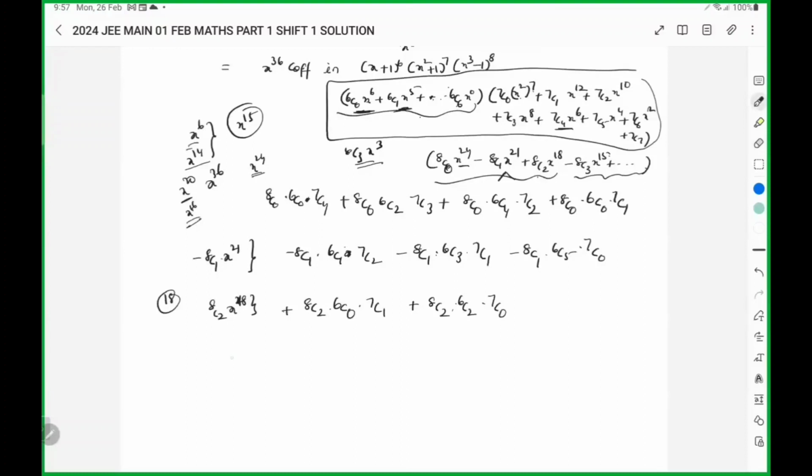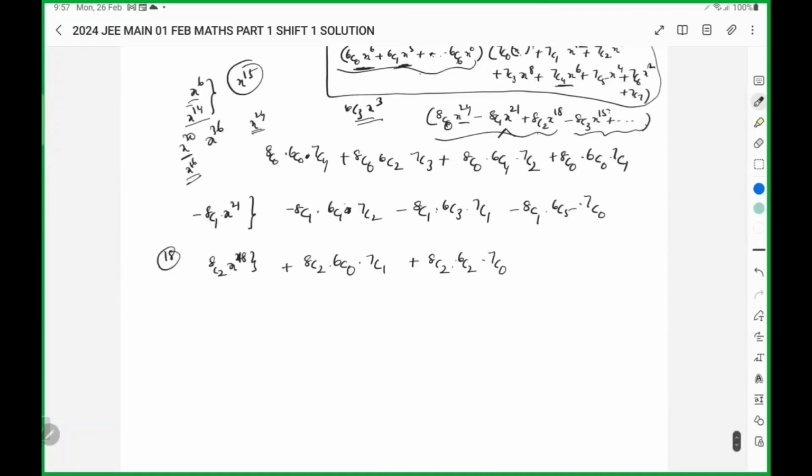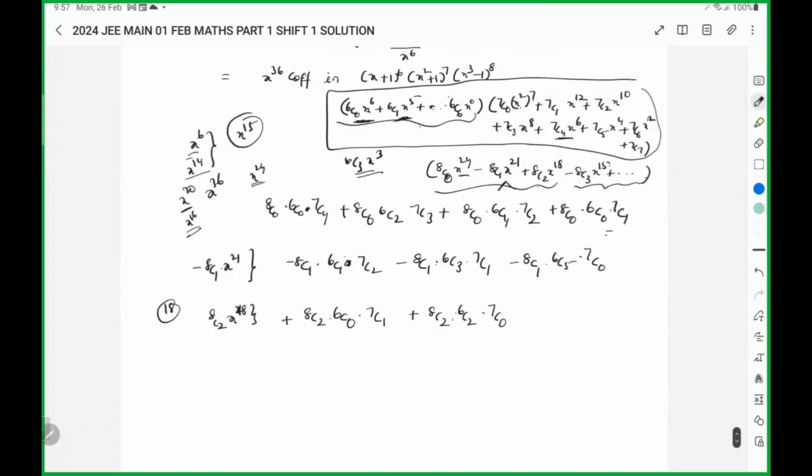After simplification, I did this simplification, but I'll write the final values. Here after simplification, we get 882. Here this is 2176. Here we get 616.